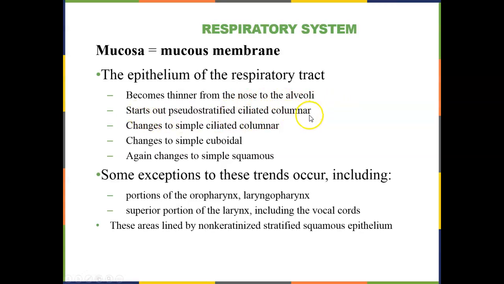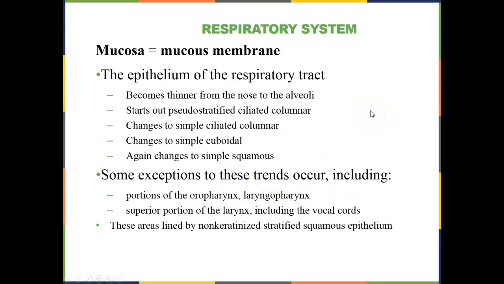We have pseudostratified first, then simple columnar, then simple cuboidal, and then eventually simple squamous. But in the pharynx, in the oropharynx and laryngopharynx, we actually have non-keratinized stratified squamous epithelium. There's a reason for that.